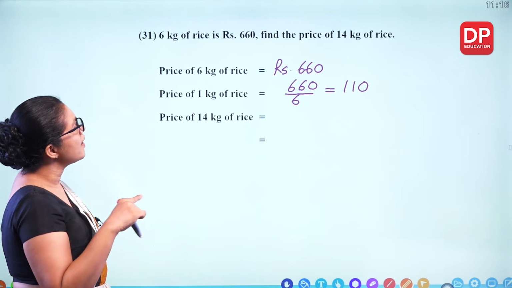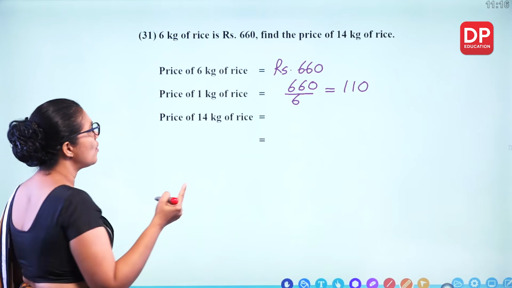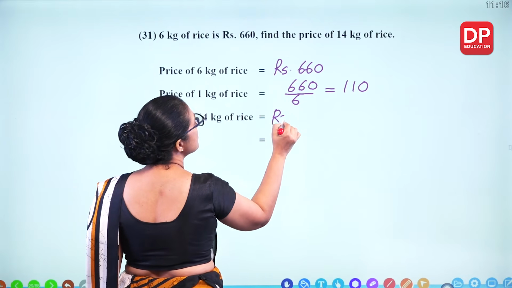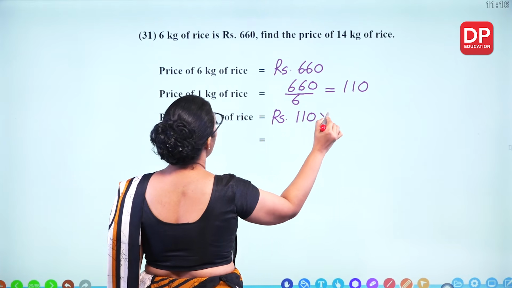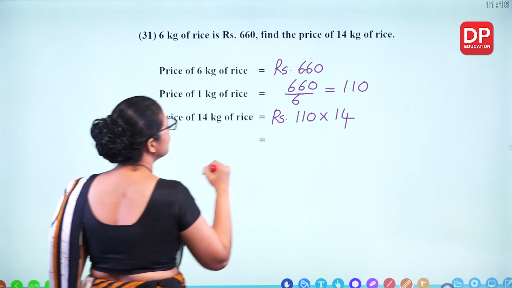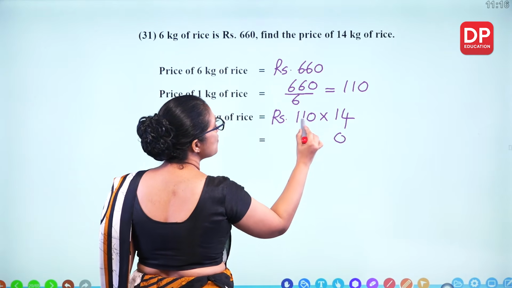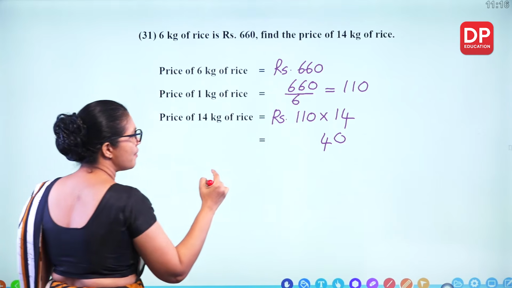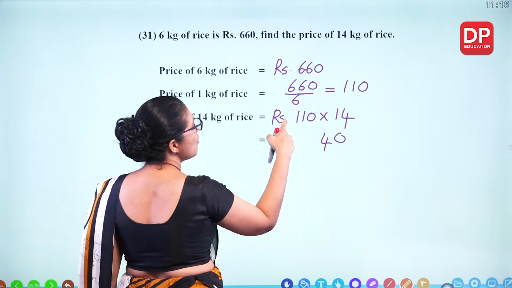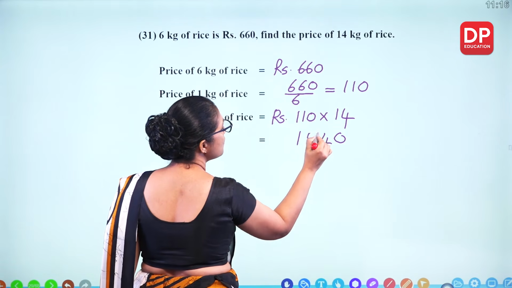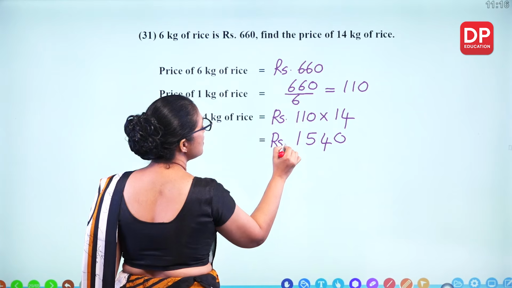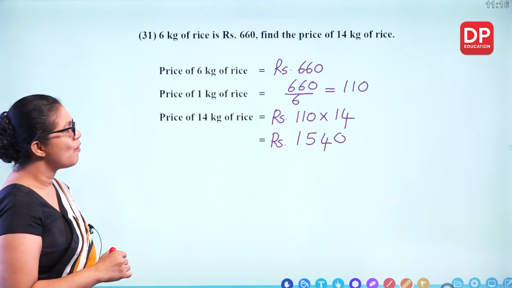Then you can find out the price of 14 kilos. That's value multiplied by 14. So 0, 14 times 1 is 14, 1 remaining. 14 times 1, 14 plus 1, 15. So 1,540 rupees.